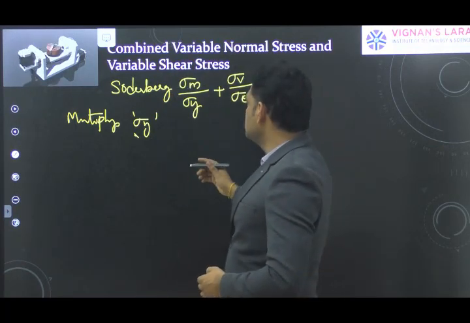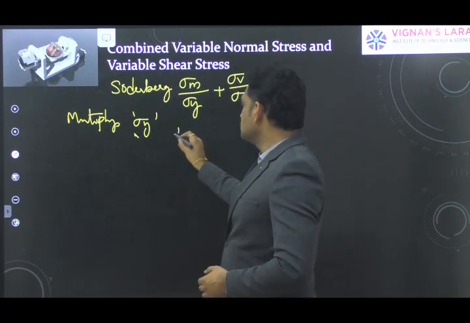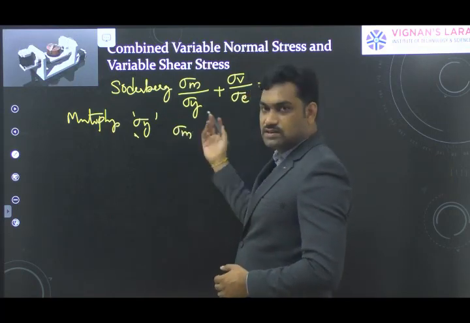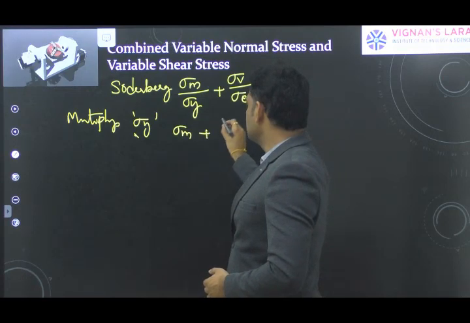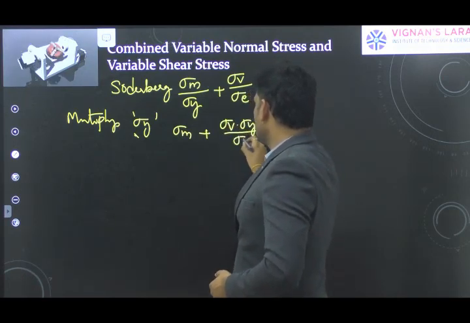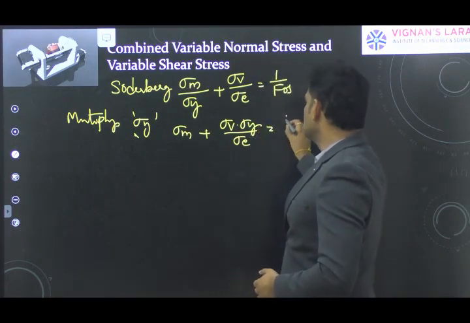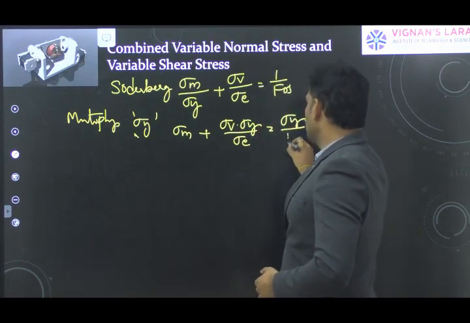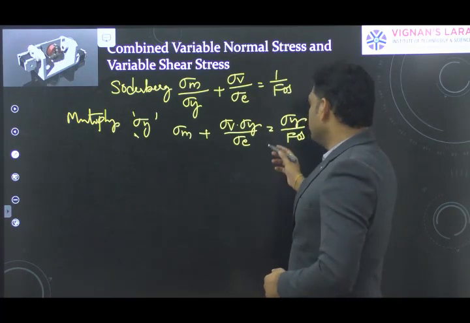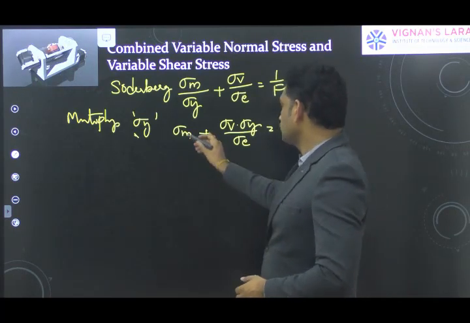So we can write the equation in this form: sigma m, and sigma y and sigma y get cancelled. Sigma m plus sigma v into sigma y by sigma e, equal to sigma y by f. So this is how we can write the equation.